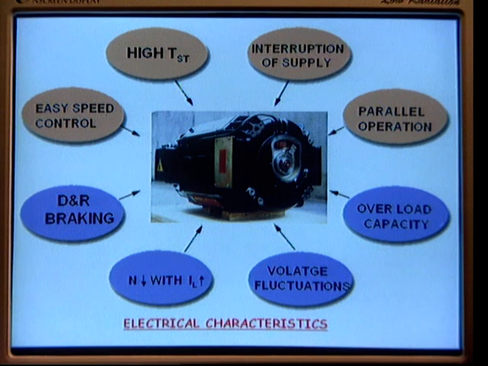The traction motor speed will fall with increased load. The motor should be capable of bearing voltage fluctuations and overload capacity, and be capable of parallel operation. It can withstand temporary interruption of supply, and the final characteristic is that the overall efficiency should be very high. These are the 9 characteristics required for traction.